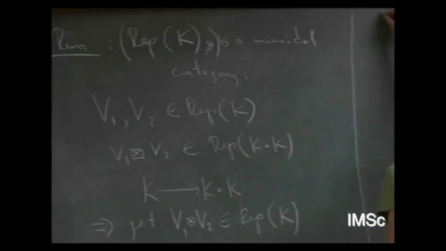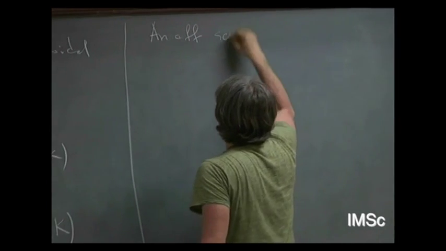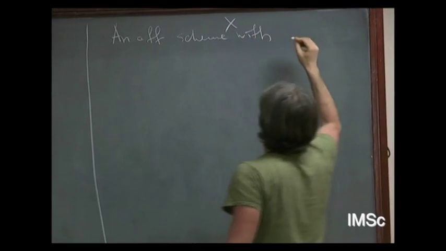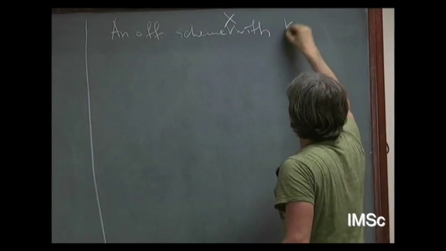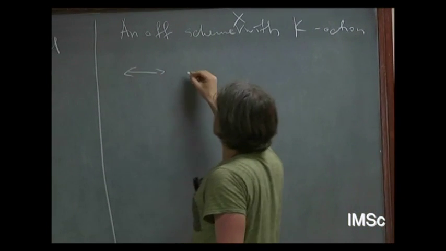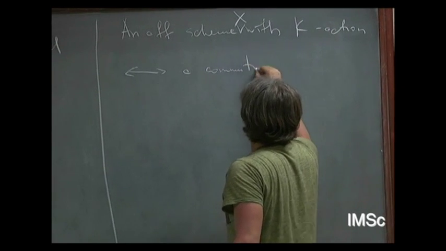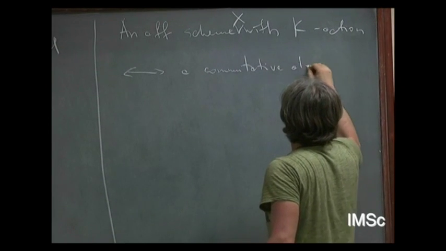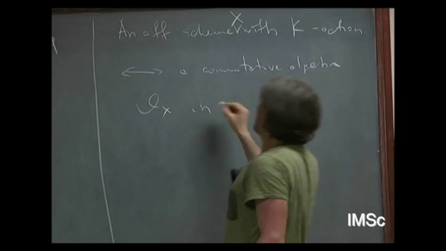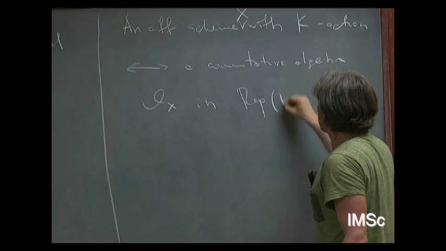So for me, an affine variety, an affine scheme X with K action, is the same as a commutative algebra OX in this monoidal category.